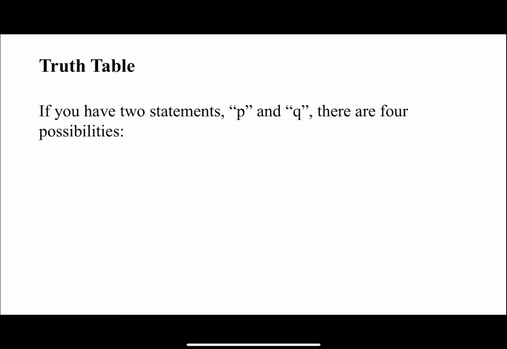Okay? Well, here we go. Let me write down. We have two statements, P, Q. We have four possibilities. Guys, when you have four possibilities, for half of them P is true, for half of them P is false. Okay?